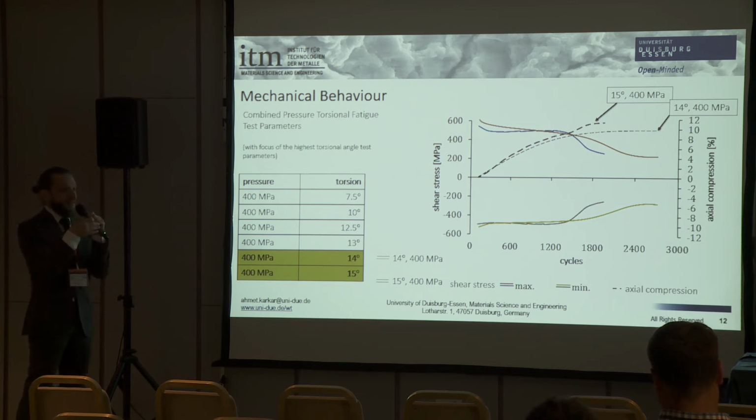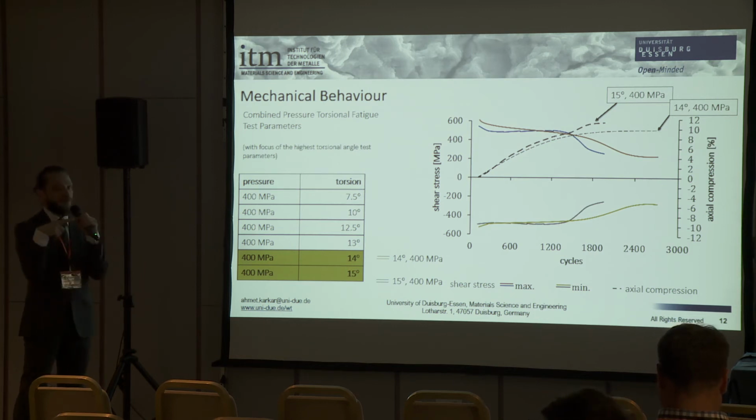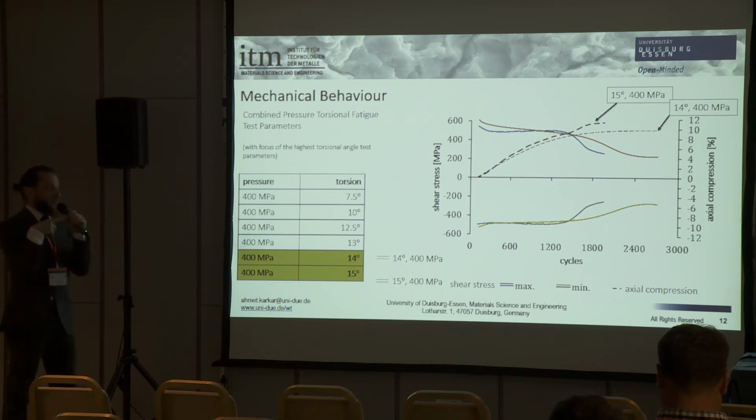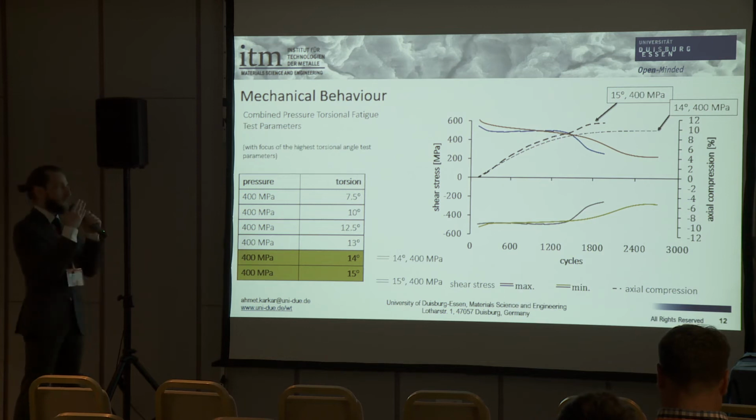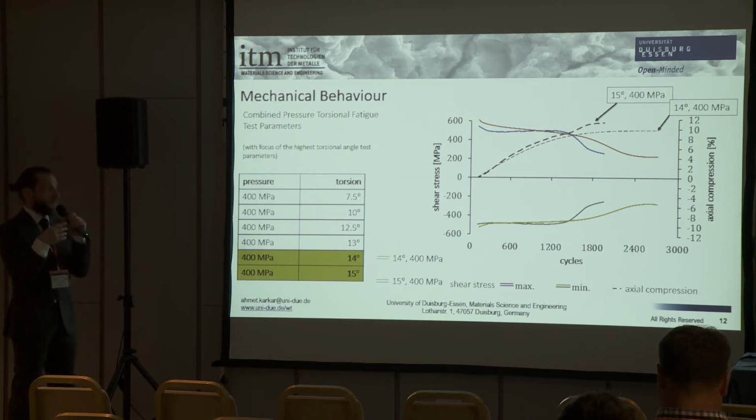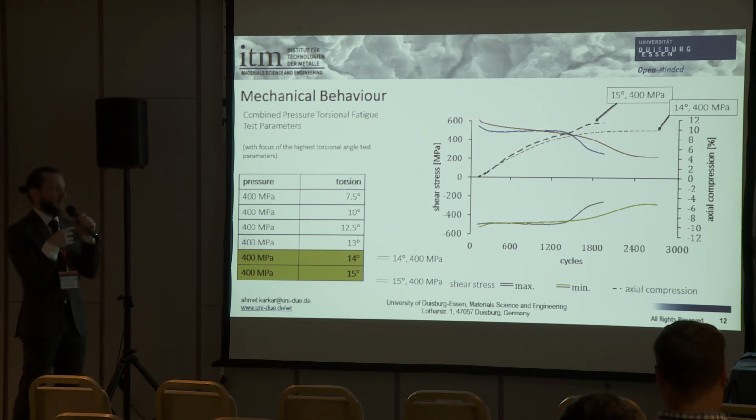Here to mention that the highest value of actual compression is 11.47%. When we compare it with the sample with 14 degree torsional angle, we see some similarities. The shear stress curve decreases constantly until a more pronounced shear stress drop can be seen at 1,900 cycles, accompanied here again with a crack initiation.